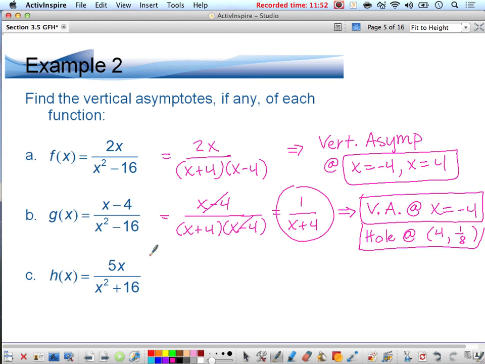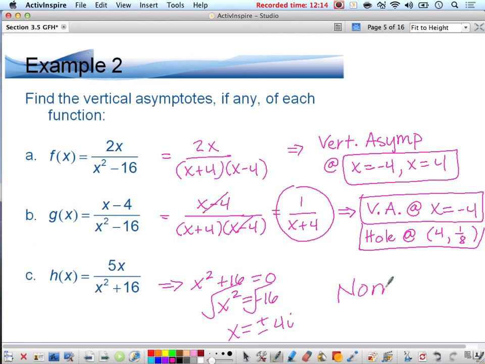If it didn't factor, take the original denominator, set it equal to 0. Try to solve it, and what happens? You get an imaginary number. You get two of them actually. We do not list imaginary asymptotes or imaginary holes. So we say it has none.